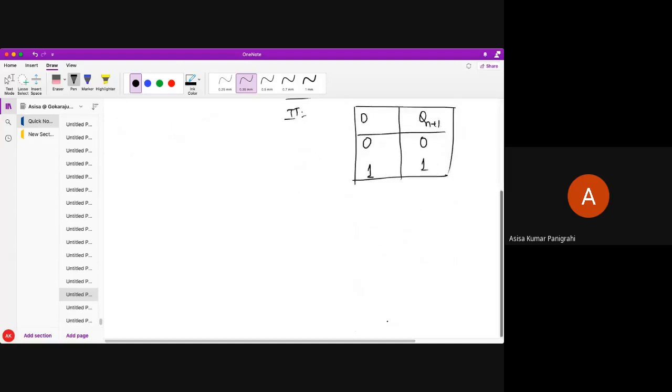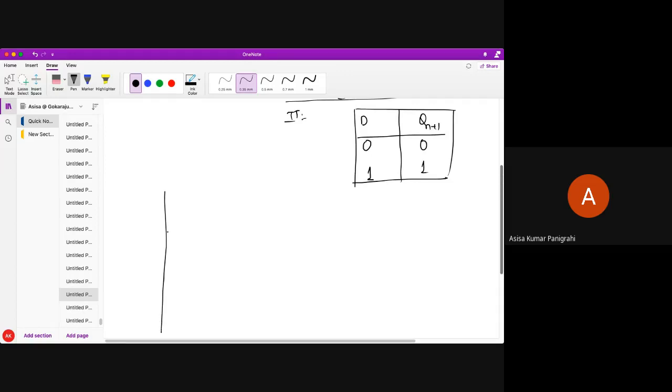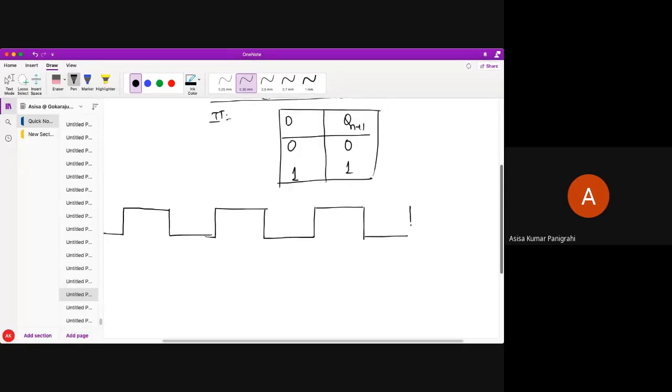Now how to draw this timing diagram? I am using the same clock pulse over here, with a duty cycle of 50%, where T on is equal to T off. Again, I am taking 4 clock pulses: 1, 2, 3, and 4.